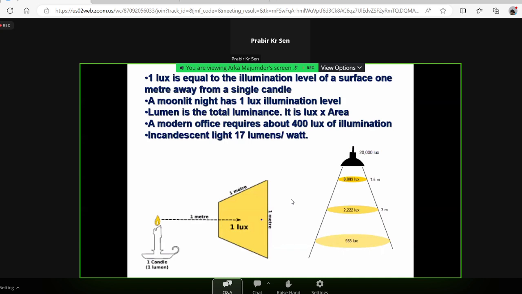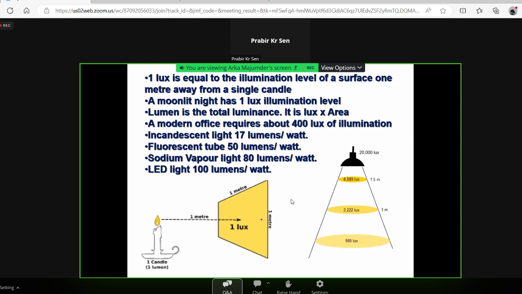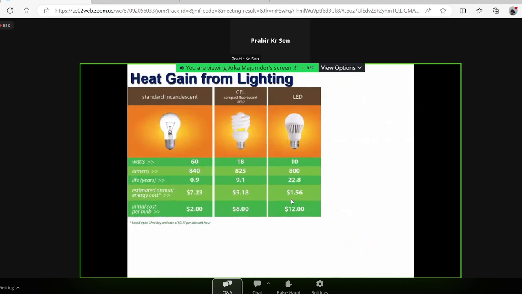An incandescent light produces 17 lumens per watt. Fluorescent light, for the same watt, produces more light. Sodium vapor light, even more lumens. LED light, even more lumens. So just a second, go back.